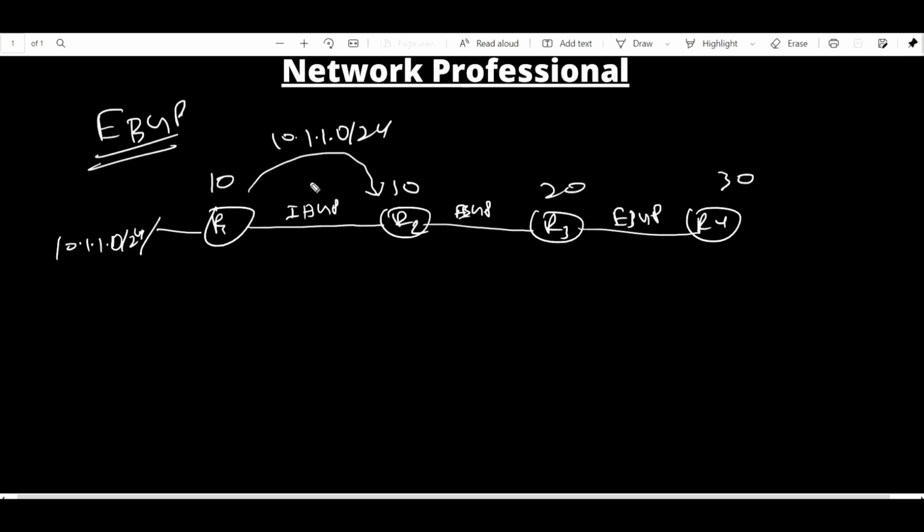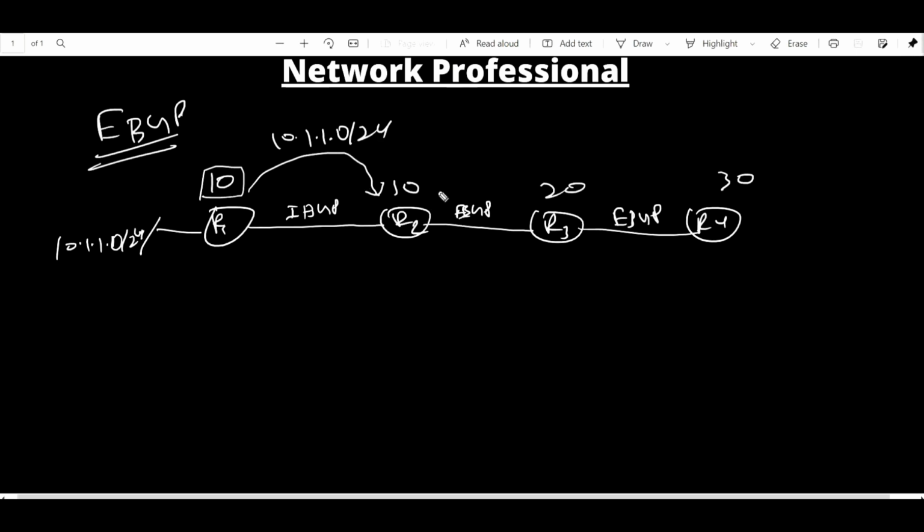But always keep in mind that whenever a router is advertising a prefix to its internal router, that router will never include its AS number in the update. So R1 is not including its own AS number in the update. R1 is simply advertising the prefix 10.1.1.0/24 without an AS number. Fine.